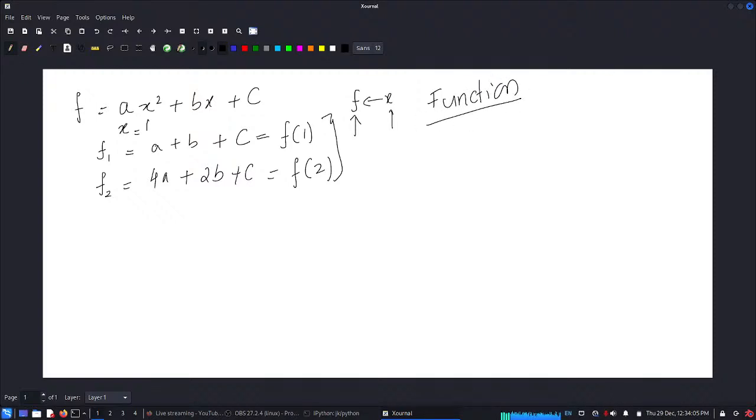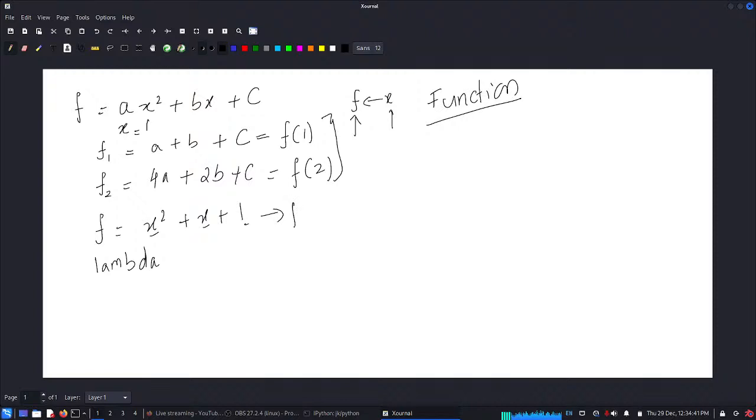Now to make that kind of association, we have a tool in Python. Let's say a, b, c are, for the time being, 1. So I can write the same formula f as x square plus x plus 1. Now I write it as lambda, since this is a function in x.